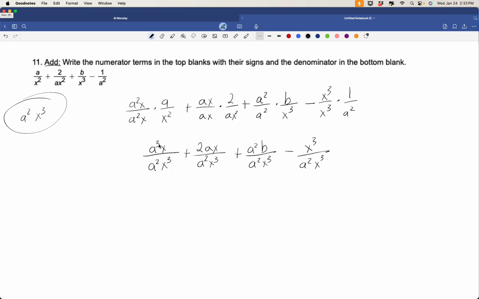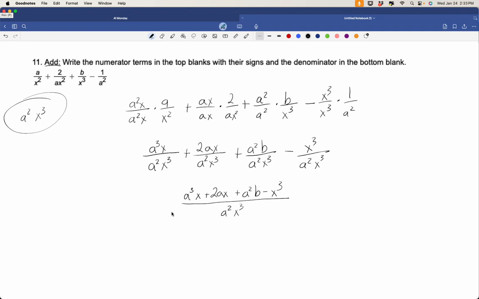Okay, so there's our 4 terms, but now that they all have the same denominator, we can combine them together. So I have a cubed x plus 2ax plus a squared b minus x cubed, all over a squared x cubed.